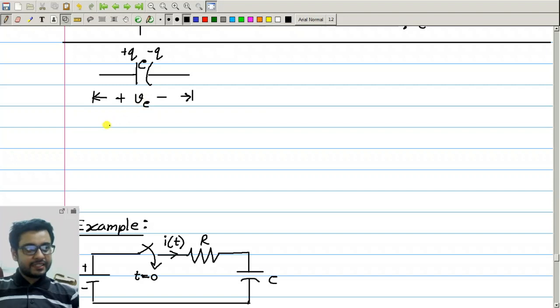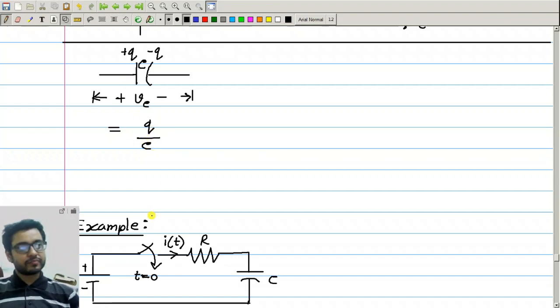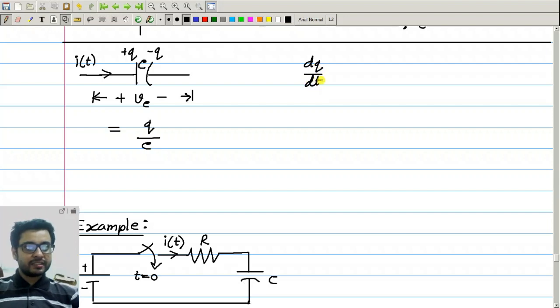This Vc can be written as Q divided by C. Now, if there is a current i(t) coming from left to right, then we can write dq/dt is equal to i.